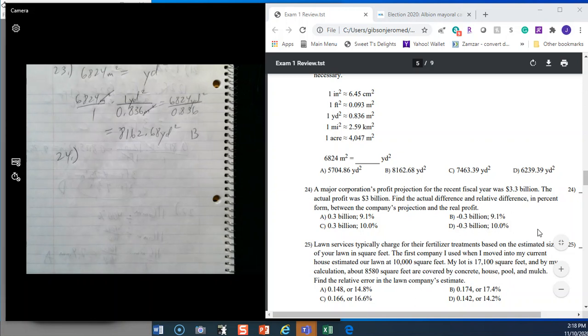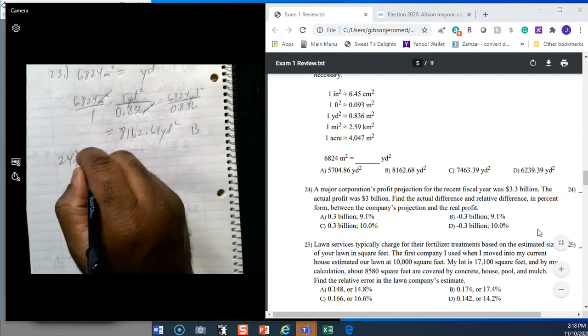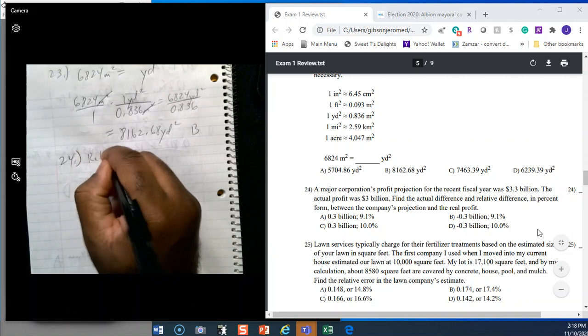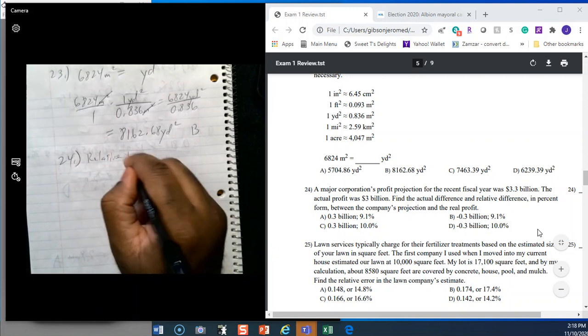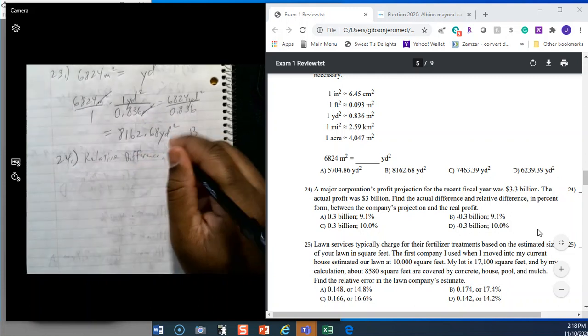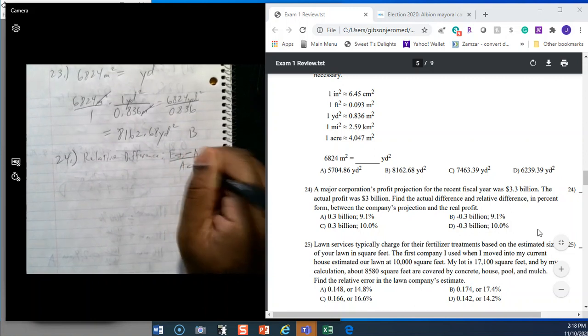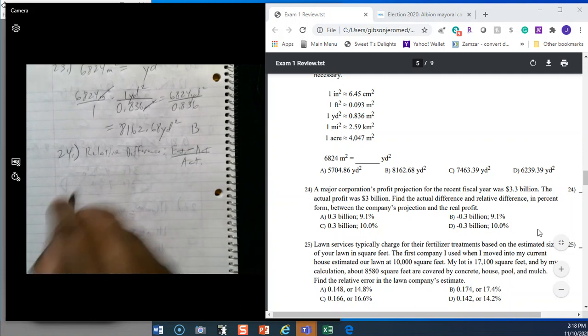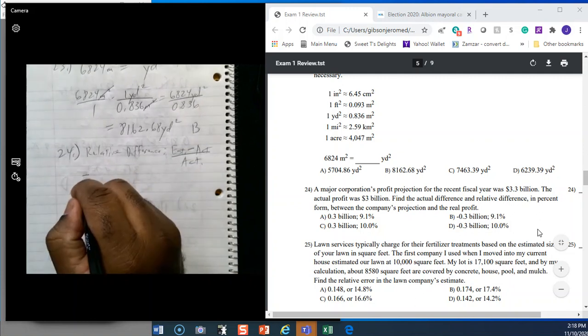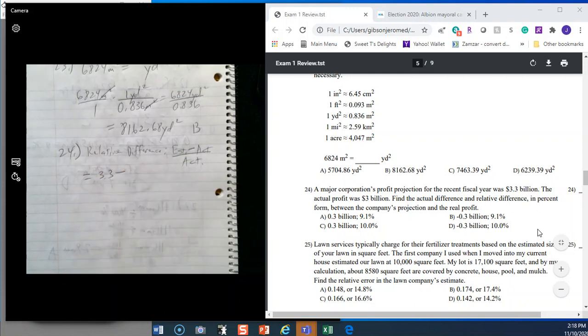Okay, so remember, when we're doing the estimate here, the relative difference is the estimate minus the actual, divided by the actual. So the estimate is 3.3, because we know we're just dealing in billions.